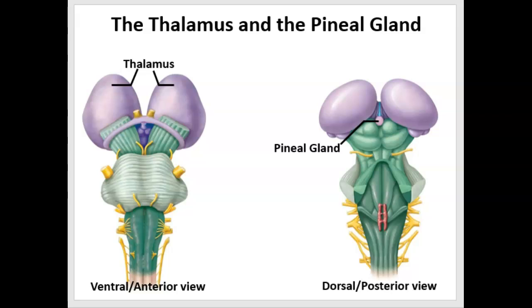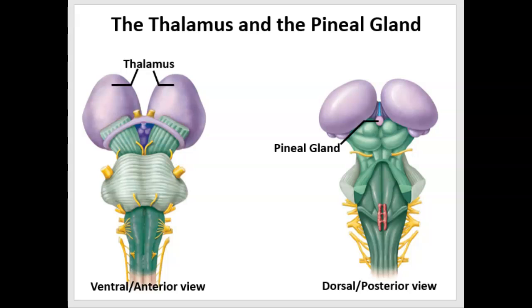The space between the two lobes of the thalamus is where the third ventricle lies. And note that they are connected, and that would be right here and here where they're connected. That would be the intermediate mass that you see on most sagittal sections.